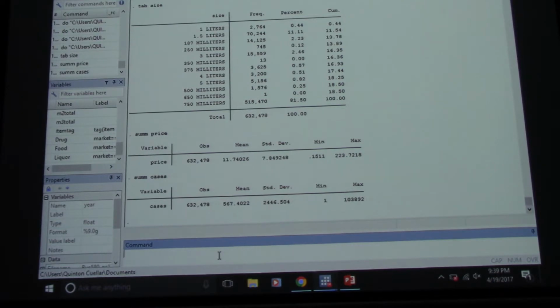Because what we want is comparable wines, right? We don't want to compare a 750 with a 1.5 and say, well, the 1.5 is more expensive. Duh, there's twice as much wine in there. That's not price discrimination. That's buying more wine, more expensive. So by keeping everything constant at 750, we're able to compare our price differentials apples to apples as opposed to apples and oranges.